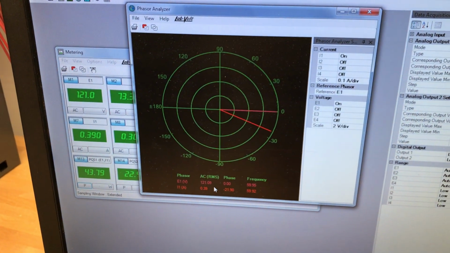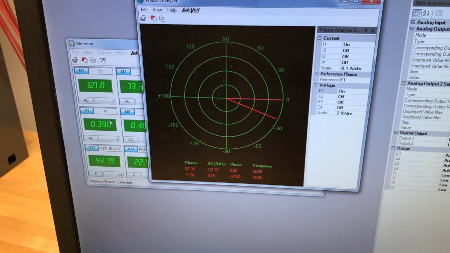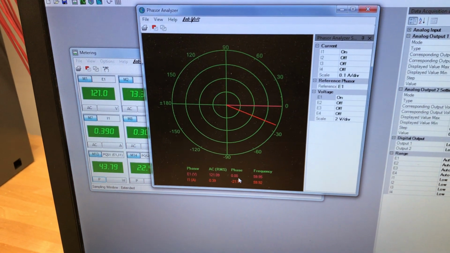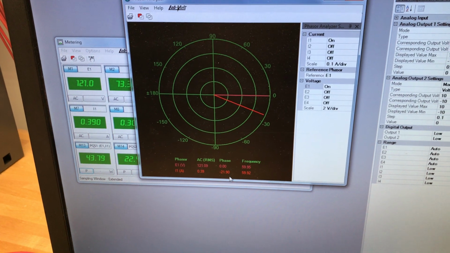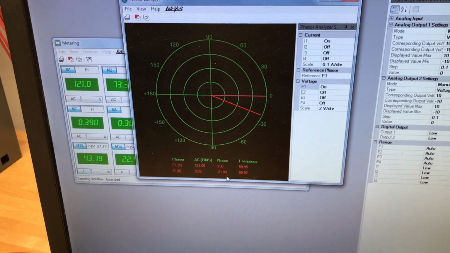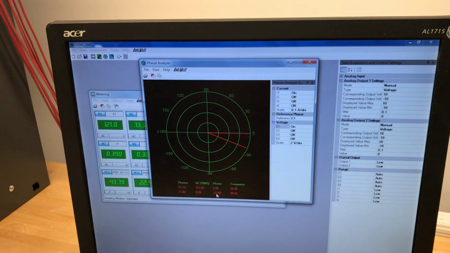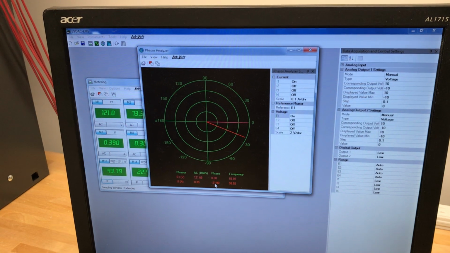E1 is equal to 121 and I1 is equal to 0.39, like what you are seeing. These are the same values that I have. And the angle of the voltage is 0 and the angle of the current is negative 21.9. So based on this angle, I can calculate the power factor, which is cosine of this angle.